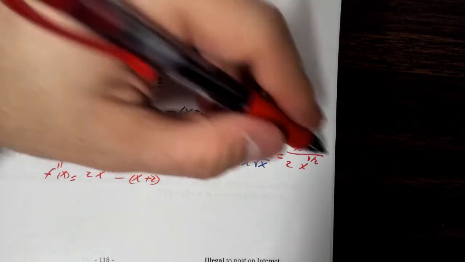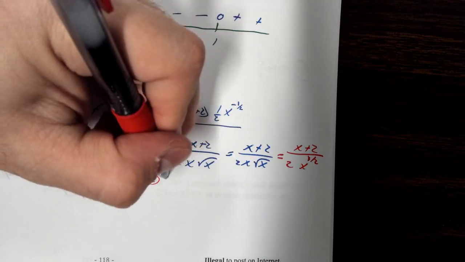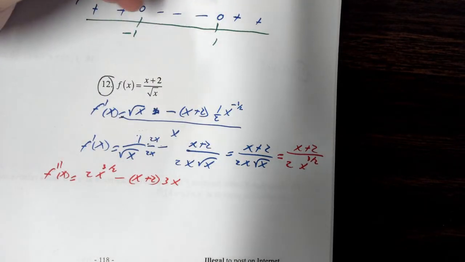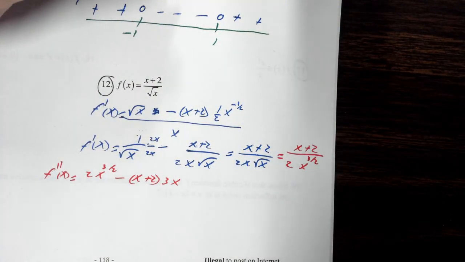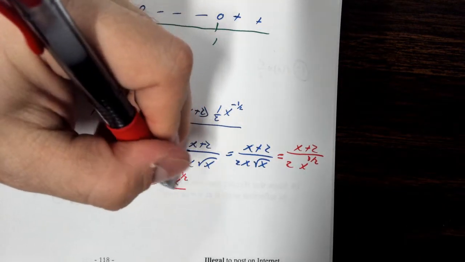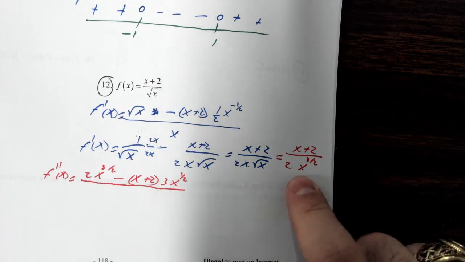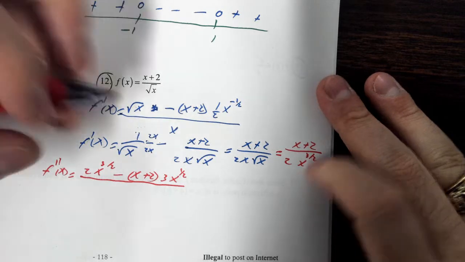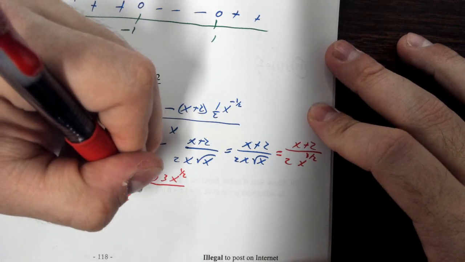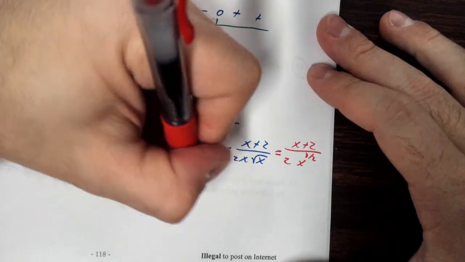The derivative of the bottom: 3 halves times 2 is just 3, 3x to the 3 halves minus 1 is just 1/2. All over the bottom squared, meaning 2x to the 3 halves squared.